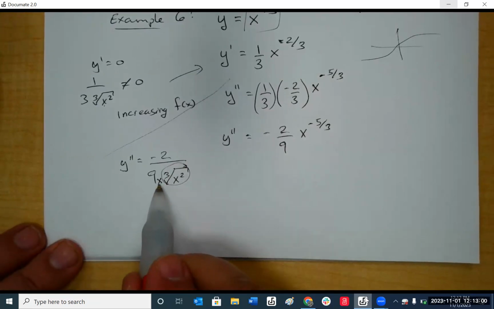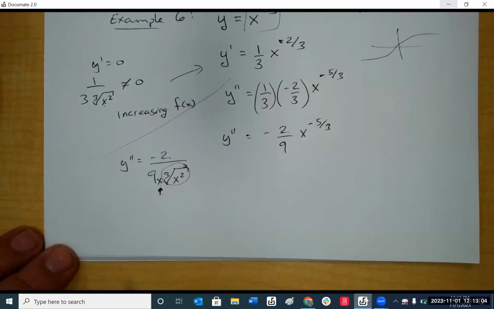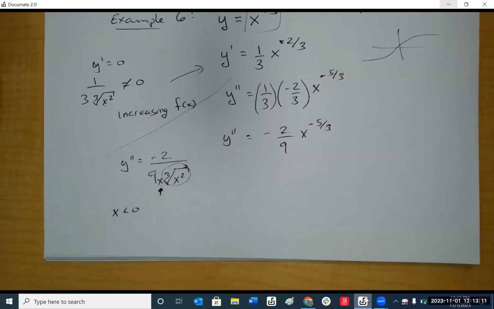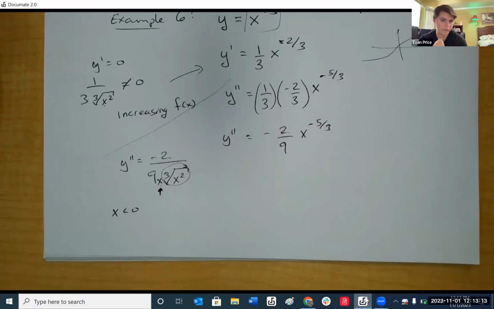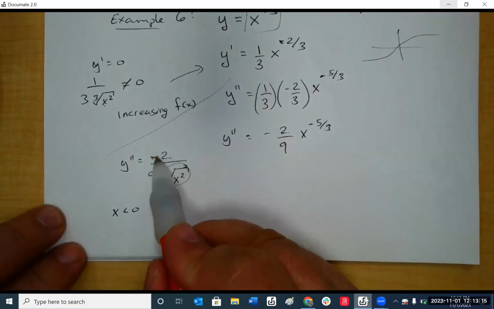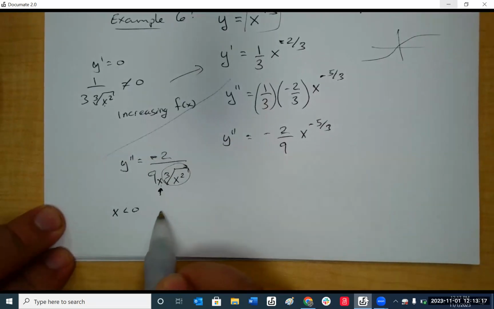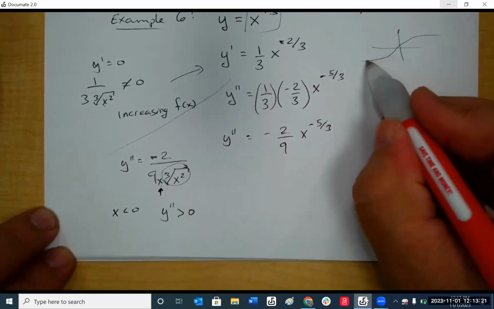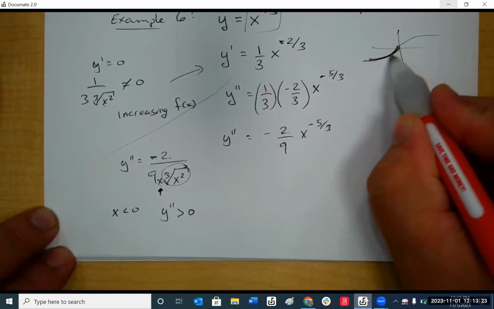But if I put a negative x in there, what happens? If x is less than 0, what happens to the second derivative? It's positive, because the top's already negative. So the second derivative is positive, which means concave up.